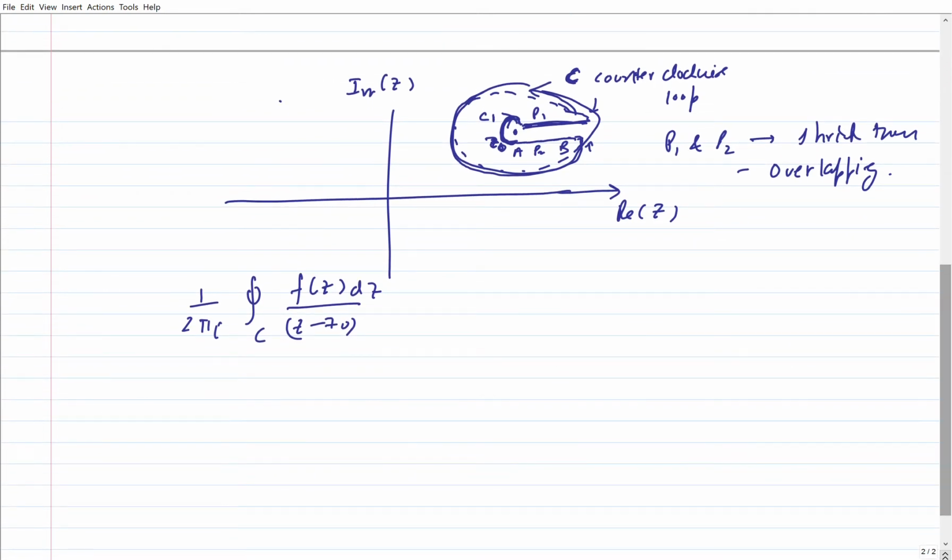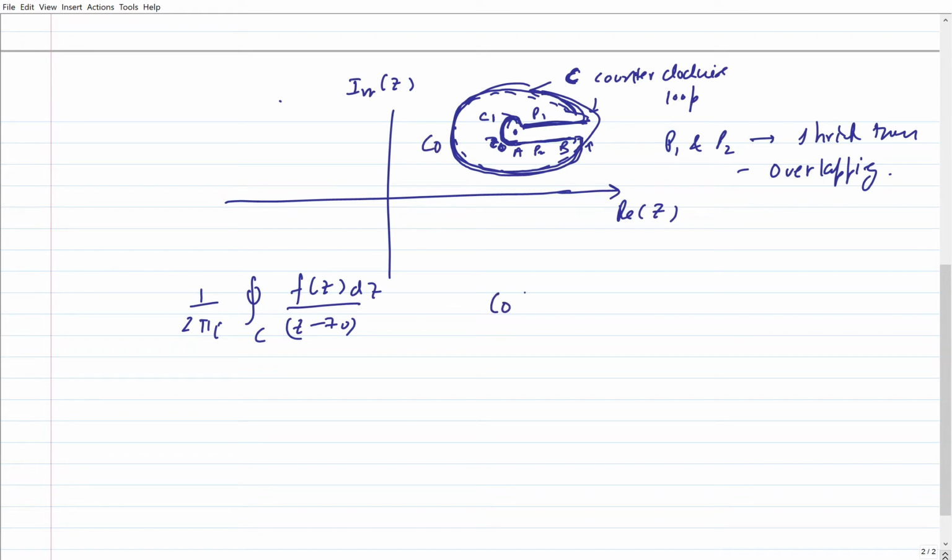Now, if you notice, I have my new path, which, let me call it, this whole entire path, let's say some C0.